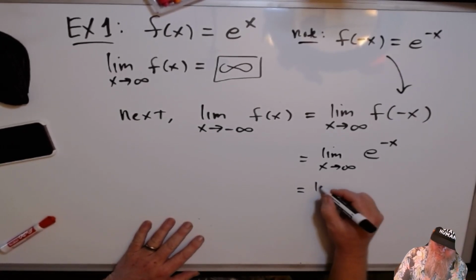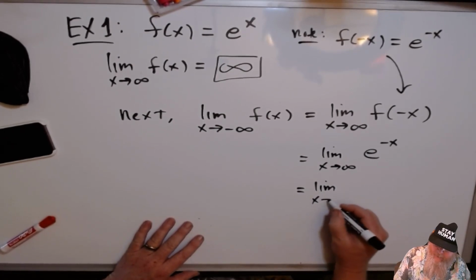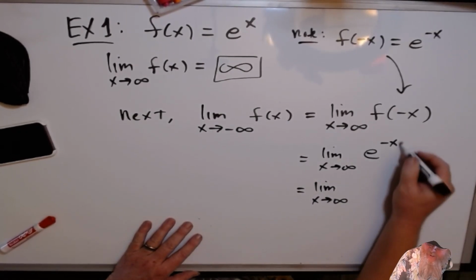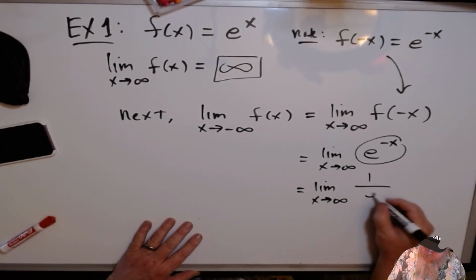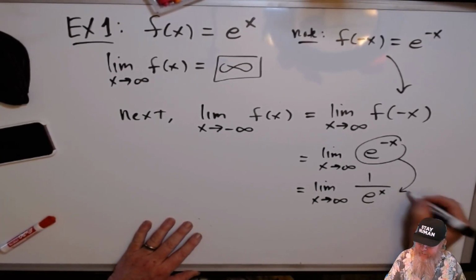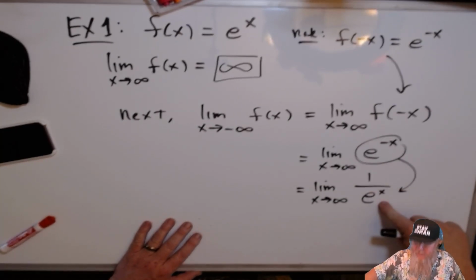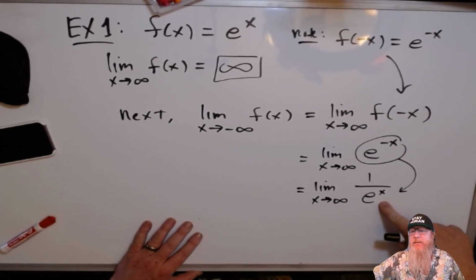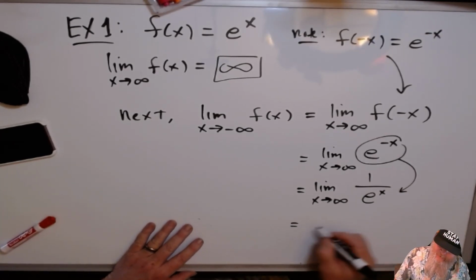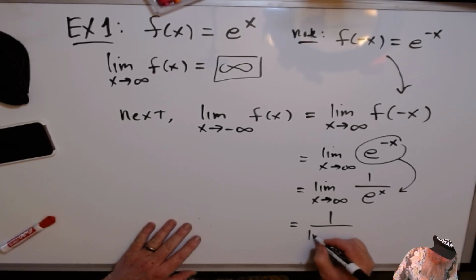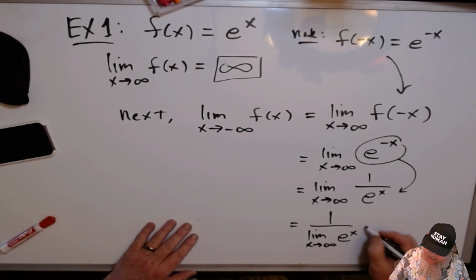Now, if you remember the laws of exponents, a negative power means 1 over. So e to the negative x is 1 over e to the x. So this is 1 over the limit of e to the x.